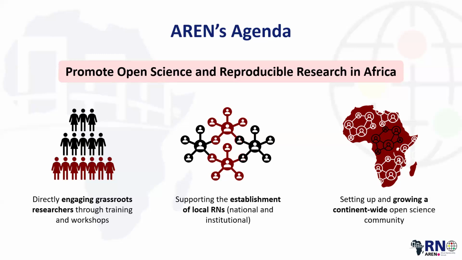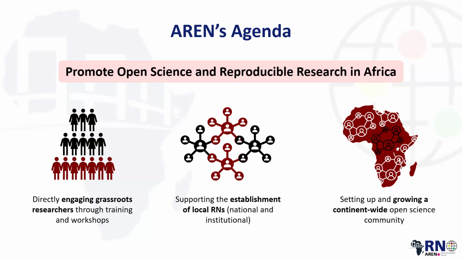We are also hoping to support the establishment of local reproducibility networks. AREN is a continent-wide reproducibility network, but we are working to make national and institutional reproducibility networks, and we have already started that with our local network leads training program, which our program coordinator, Samira, is one of the amazing trainees in, among a cohort of about 40 other trainees coming from about 20 different African countries.